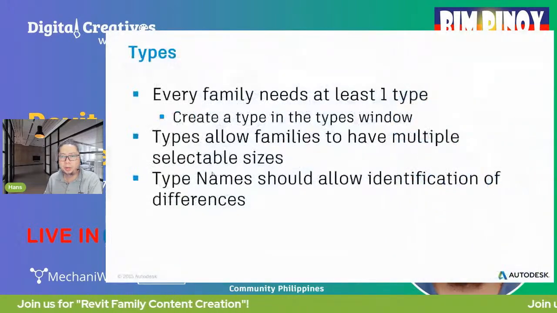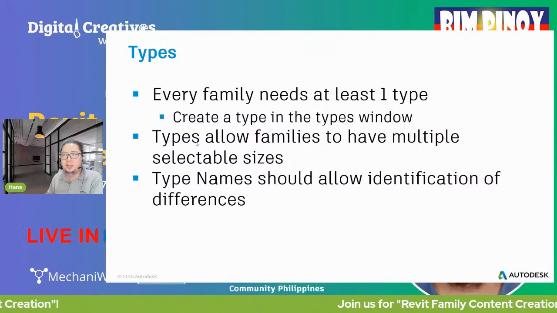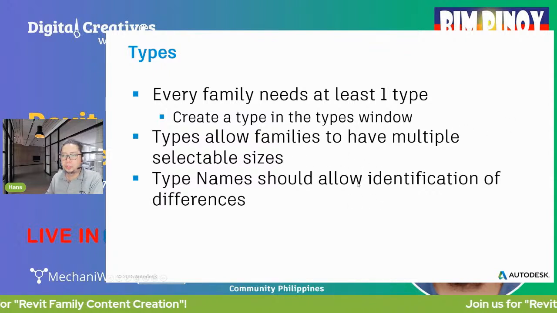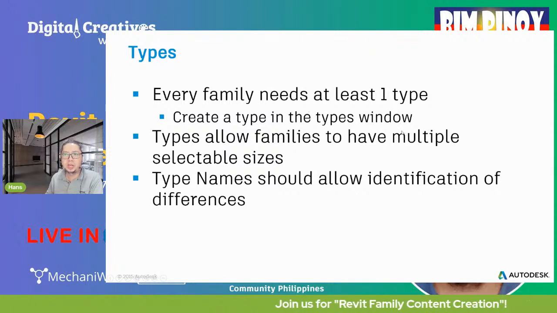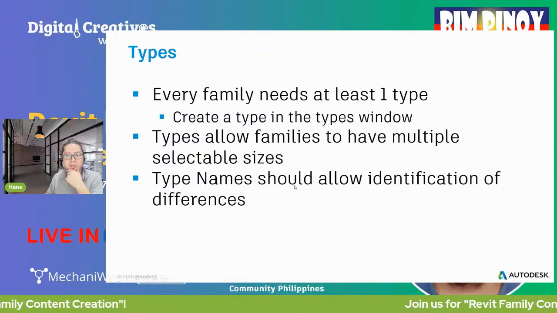So type. Every family needs at least one type. If you're creating multiple types, create them in the type window. There will be an option that if you have multiple types, you can create them in the same family. It allows the family to have multiple and selectable sizes.